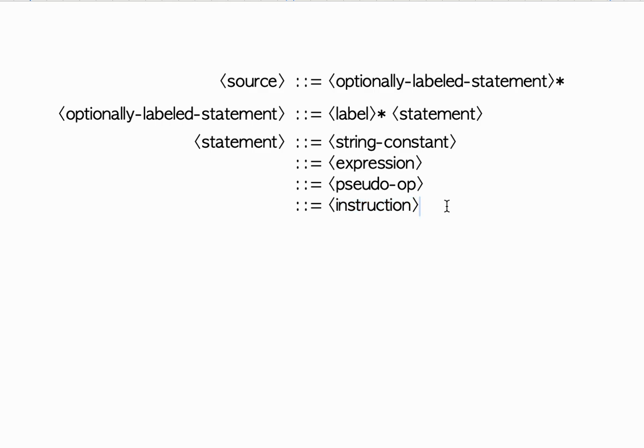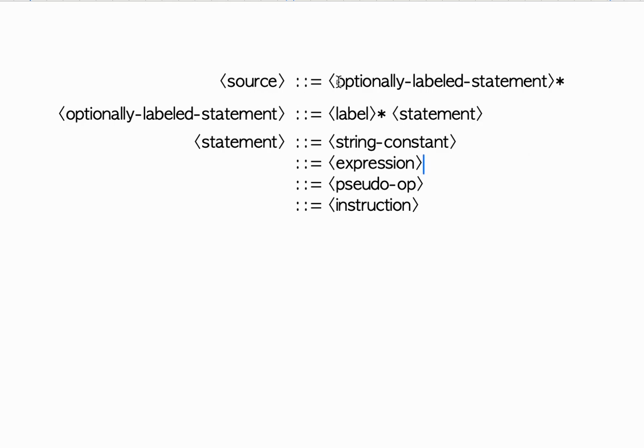Although there's a lot of things here, I mean to say, pseudo-ops could be lots of different things, and there's lots of different machine instructions, these are the 4 basic types of statements that we have. And expressions have not only a value, but they can have a type, which might be reflected in the object code that's generated for them. But that's all details we don't need to worry about right now.